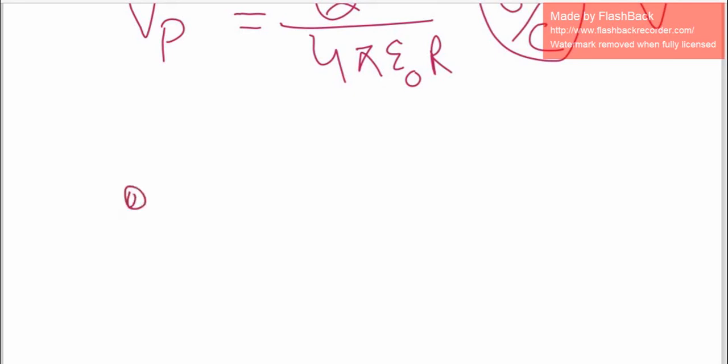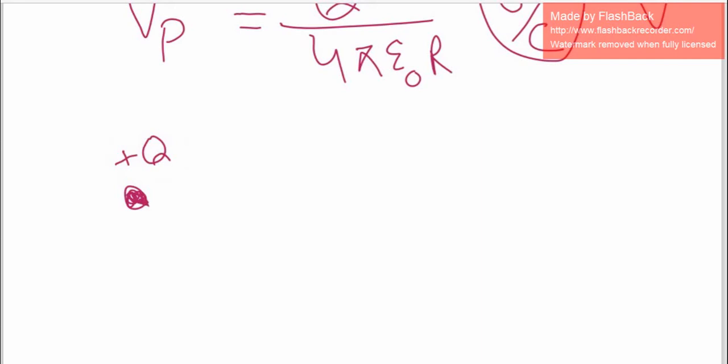This is the point where the plus q charge is placed. You want to calculate the potential Vp anywhere, at any distance you want.